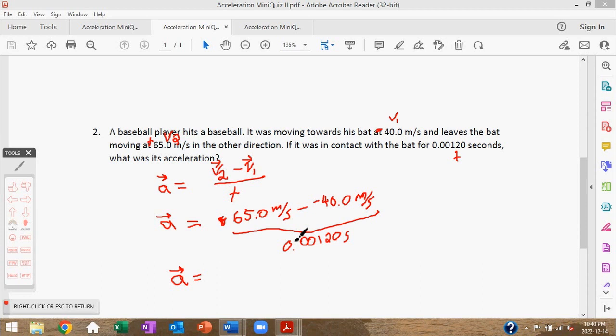All right, 65 meters per second minus negative 40 is 105, and that should make sense, right? Because really there's a 105 meter per second change in the velocity. It's going 40 meters per second one way, and it leaves at 65 the other way.